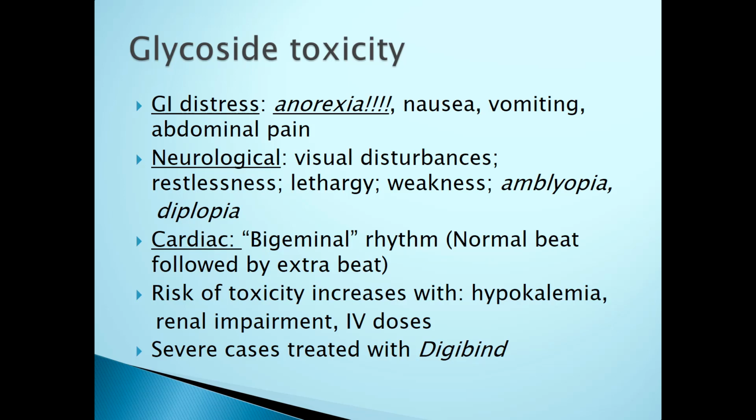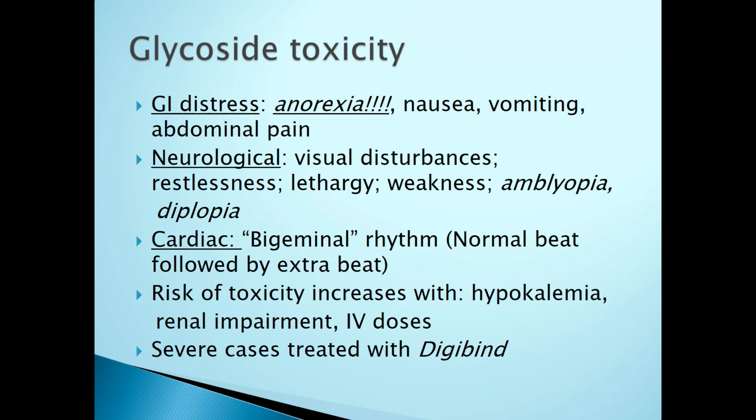Don't let that go. Follow up, assess further, check to see if there are other signs of glycoside toxicity that are presenting. These would include nausea, vomiting, and abdominal pain. Often there are visual disturbances as well. Diplopia is double vision.